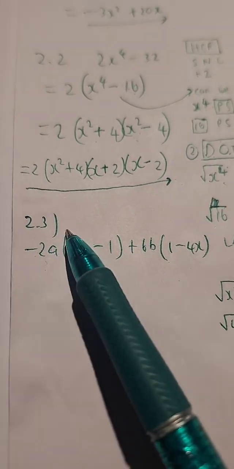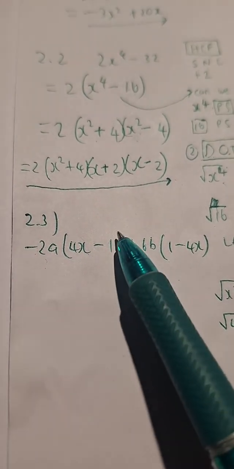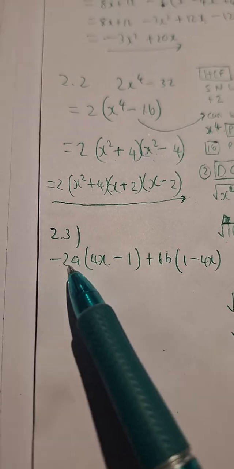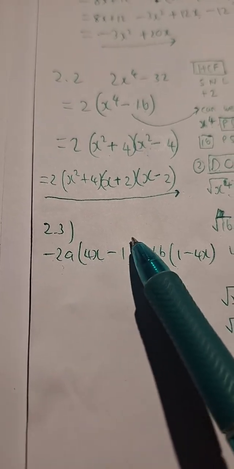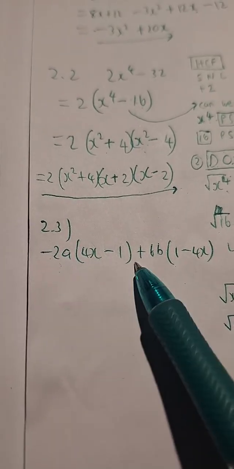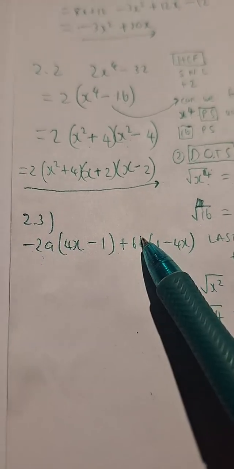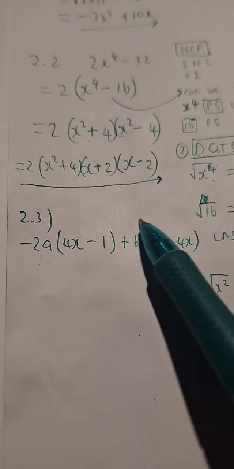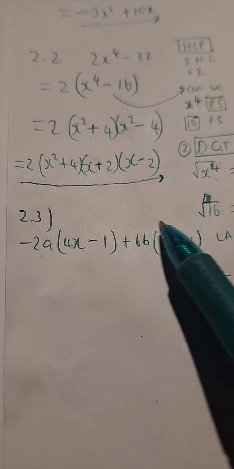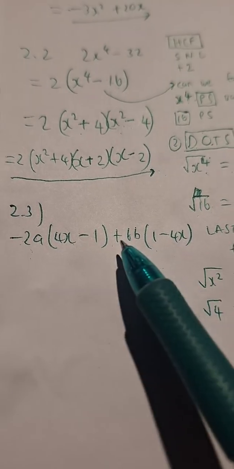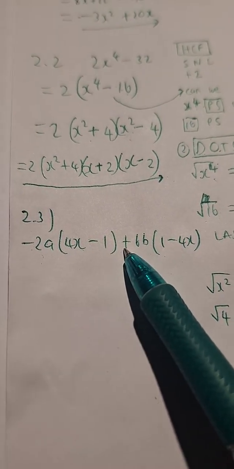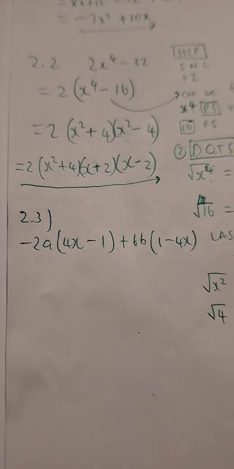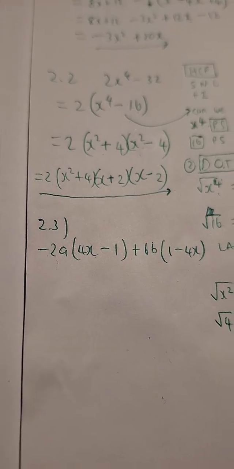Multiplication, 2a multiplied, the bracket means multiply. Multiplication combines terms. That's why we say negative 2a into 4x minus 1 is actually 1 term. Then 6b into 1 minus 4x, this is a second term. Plus separates this term and that term. So we have 2 terms in the expression.